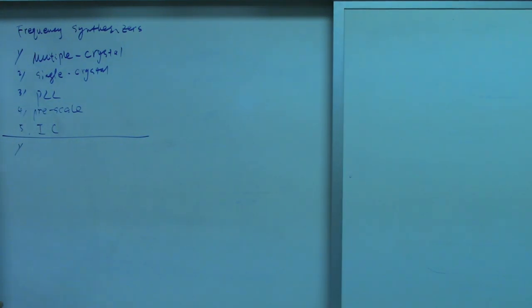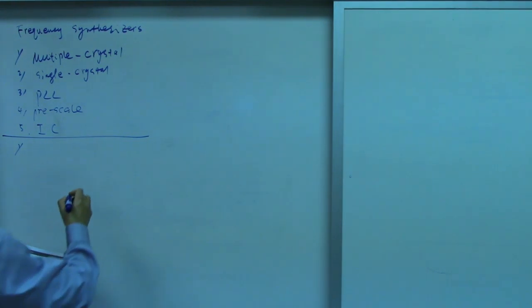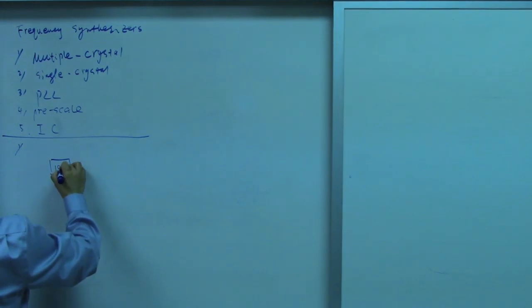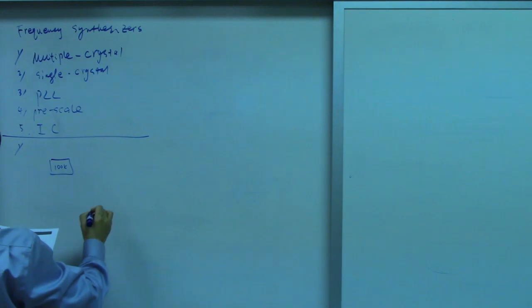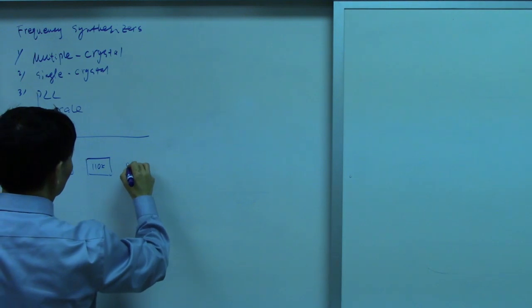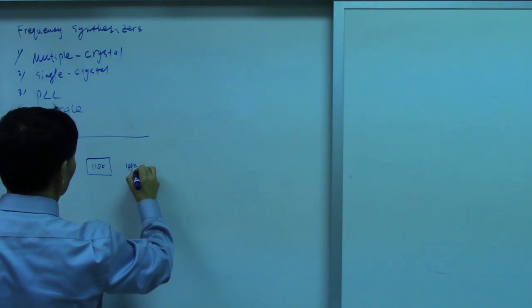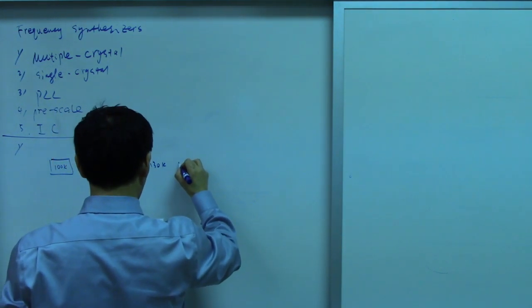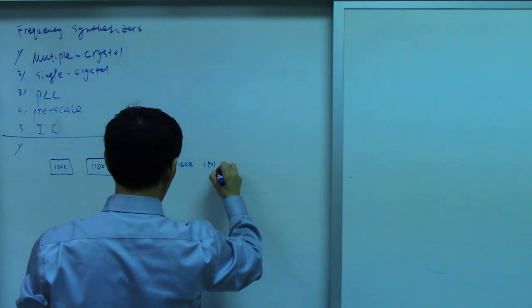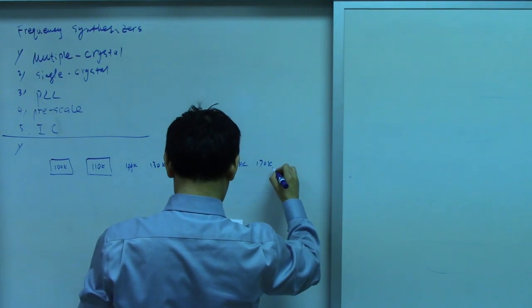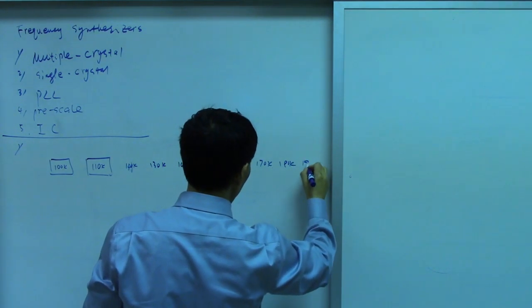First one, multiple crystal. That means we have a model, for example, like this. First one, this is a crystal, and suppose this frequency equals 100K. And we have another one, 110K, and another 120K. I need to list all of them: 130K, 140K, 150K, 160K, 170K, 180K, 190K.